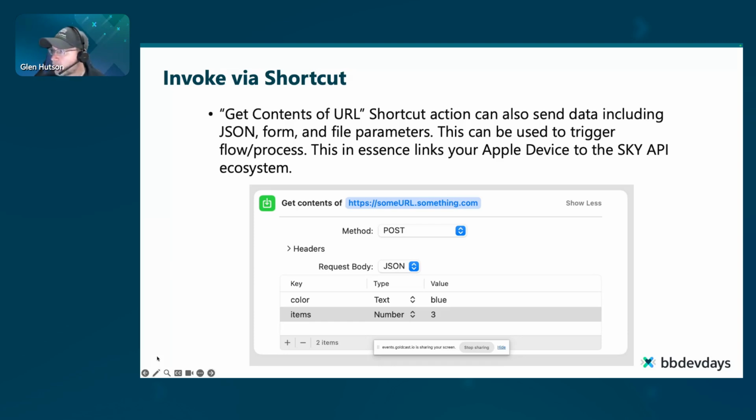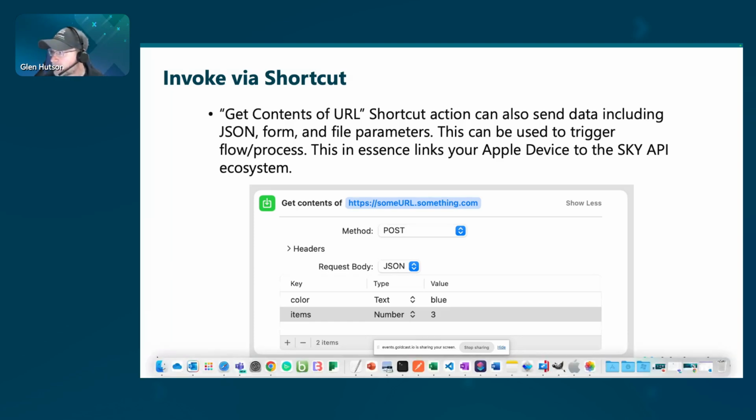We'll certainly start talking about some security items in just a few moments. So at least, again, on a very basic level, if I want to kick that thing off, I want to call a URL, I want to pass it some parameters, color, number of items. We'll talk about some other examples in a few moments. We've already got a way that we can kick that off directly from shortcuts within our Apple devices.